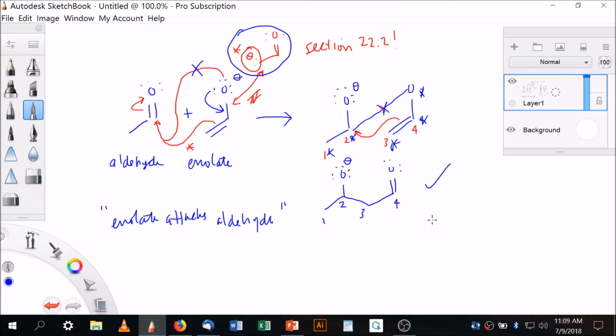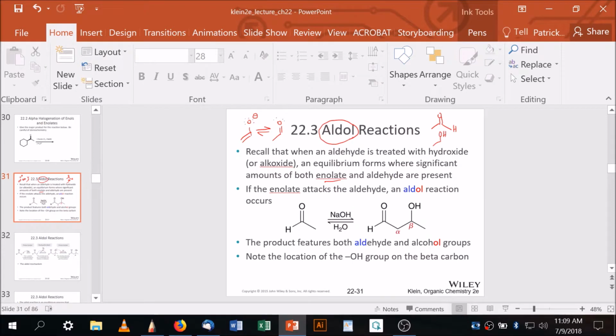If I've got this, and I also have water in solution, can you see what's going to happen? Boom, boom. And that's exactly what I have over here. Look at that. Boom. Okay?